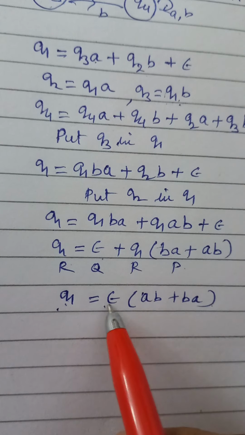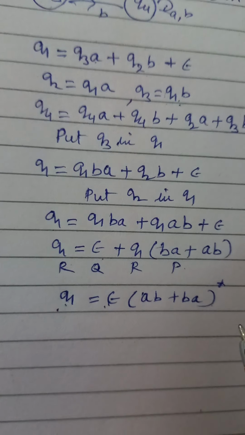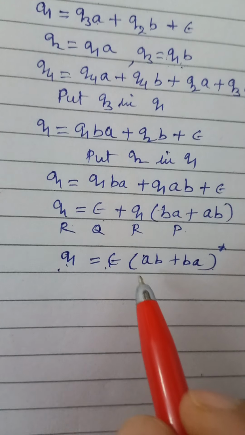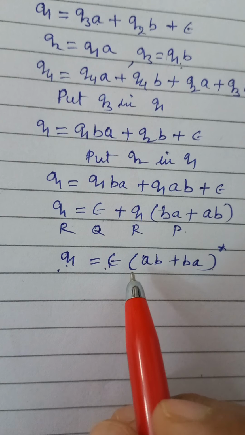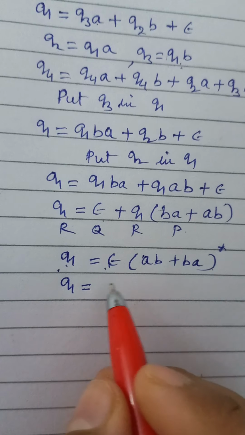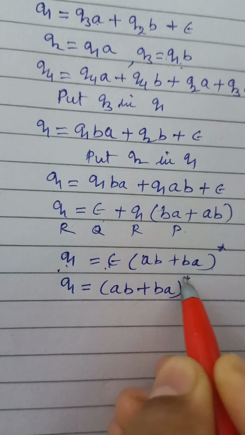So Q1 is equal to epsilon, AB plus BA whole star. Now we can remove the epsilon, because if we multiply any regular expression by epsilon, we get that regular expression only. So we get Q1 is equal to AB plus BA whole star.